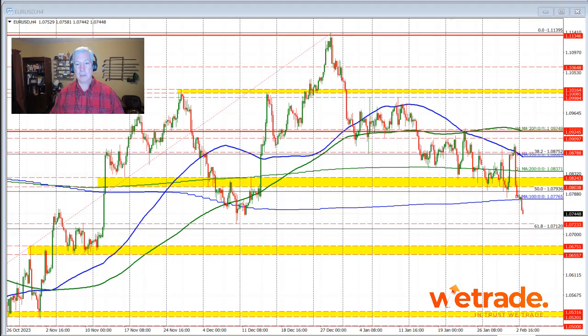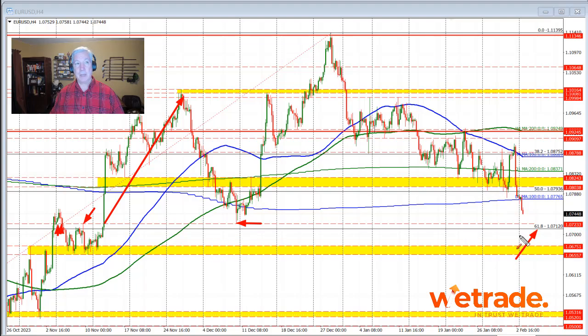The next target off of this chart comes against this low right here, going back to early December. It might also correspond with these swing levels through here and this swing high right here before moving to the upside here. So that level comes in at 1.0723.